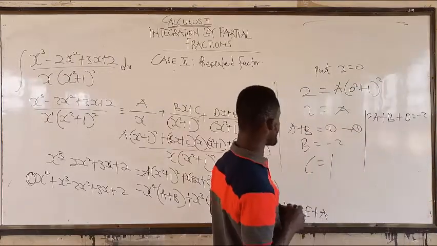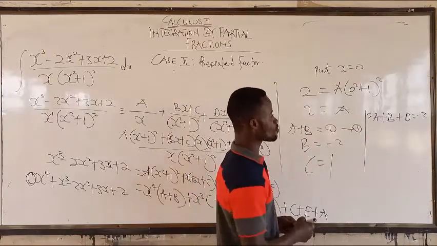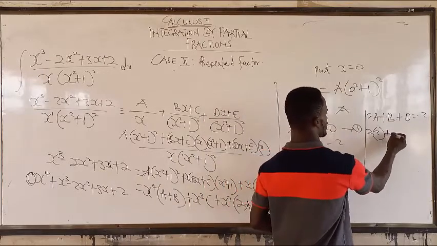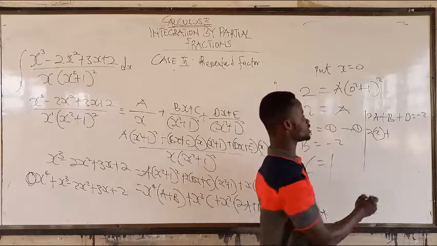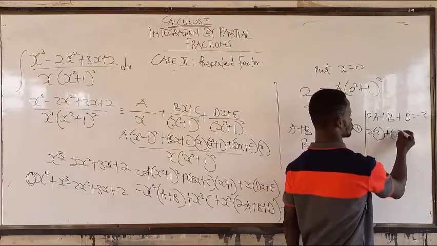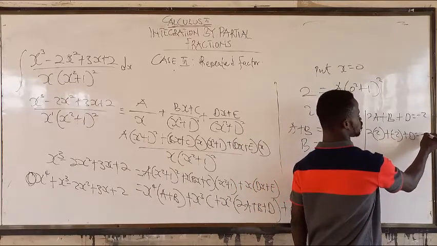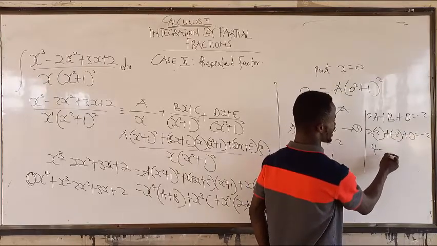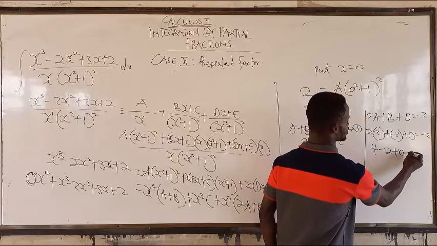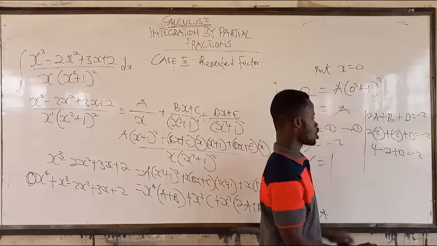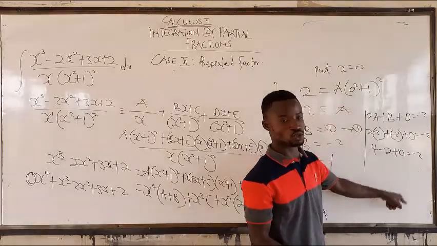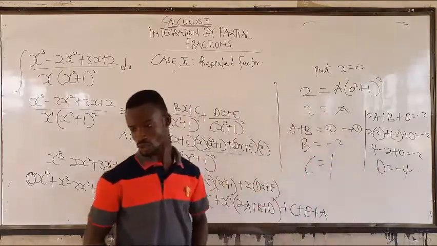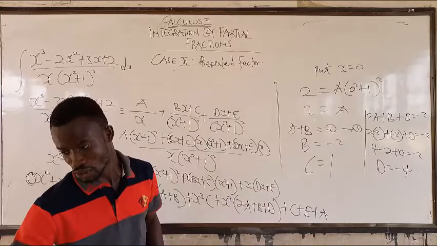But we know A, B, and C. So by substitution, A is 2, B is negative 2, plus D is equal to negative 2. Now watch. We get 4 minus 2 plus D is equal to negative 2. When you set this one here, these two will cancel. So D is equal to negative 4.